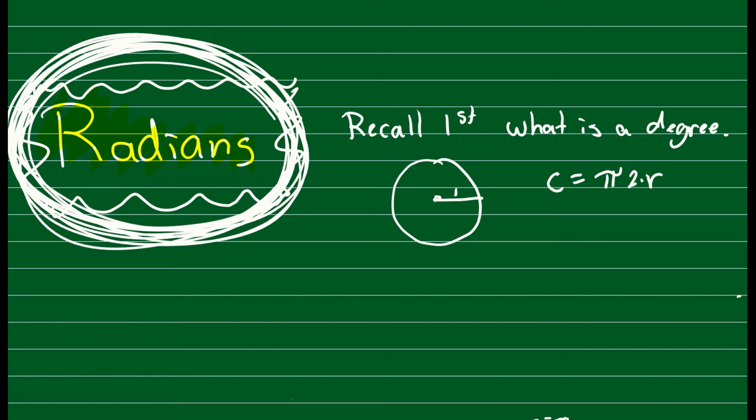And if the radius is 1, what is the radian? Remember, the radian is the measurement along the arc. So if this is 1 and this is 1, then this arc length is 1, and this central angle is 1 radian, all right?